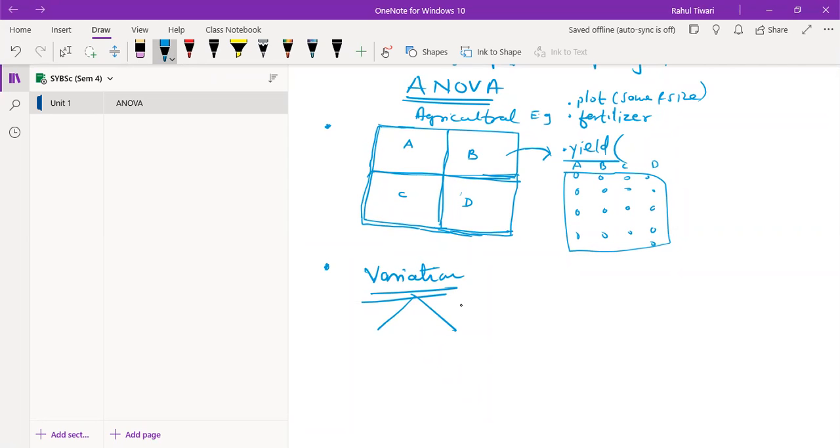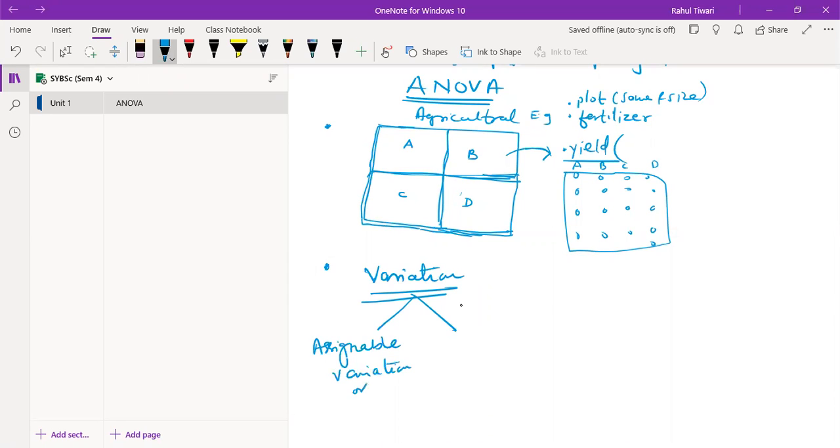So the variation is split into two parts. One is called assignable variation, or assignable causes.